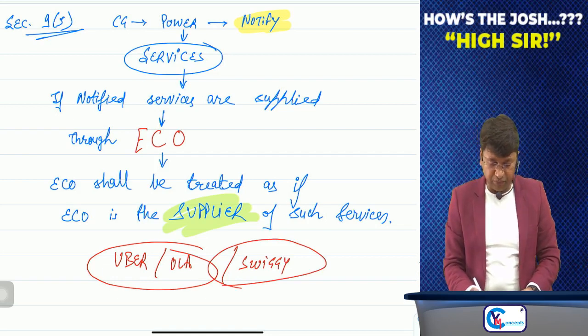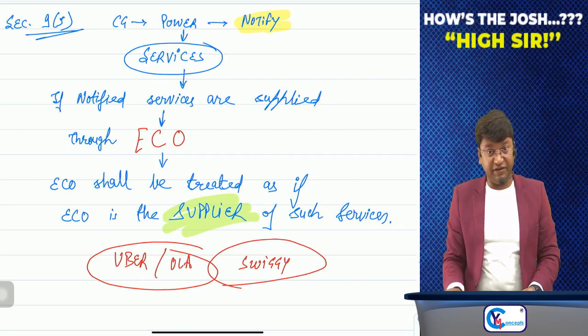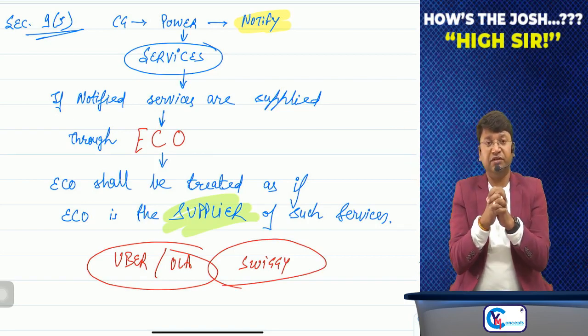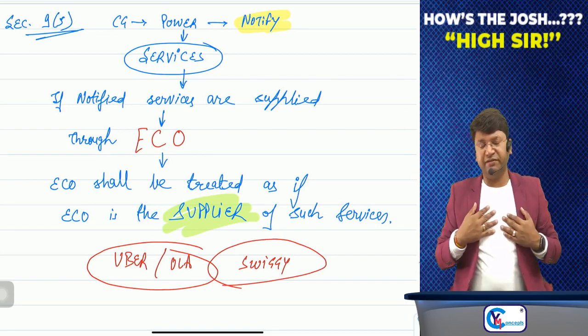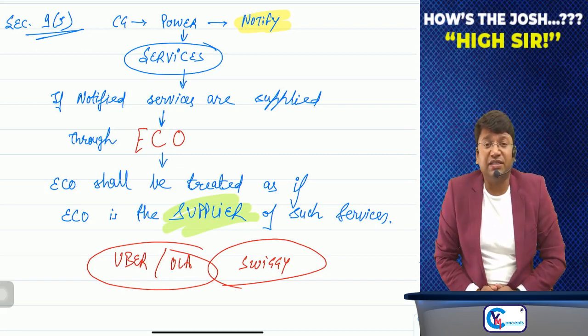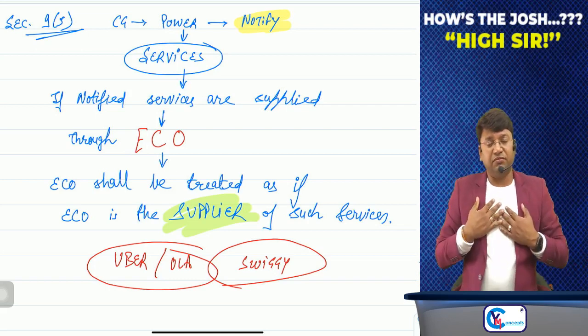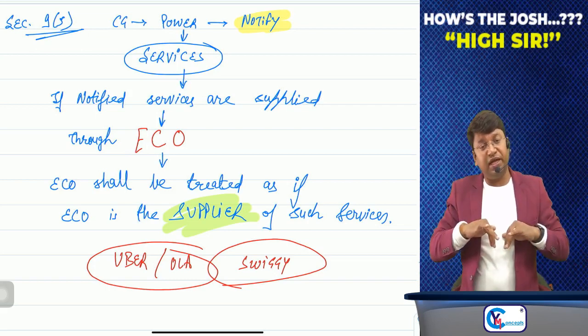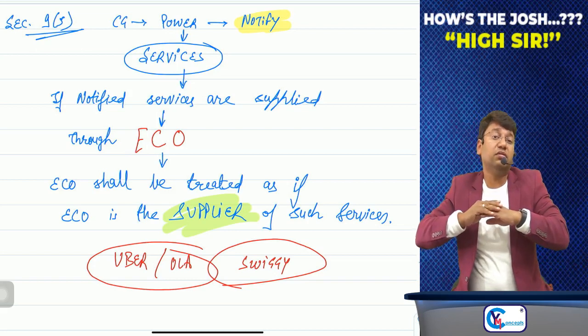If you ordered some food from Swiggy, then also section 9.5 is applicable. See, I am just giving an example. Suppose I am a taxi driver. I am a taxi driver and I am running a taxi, I am having my own taxi, okay, which is listed on Ola.